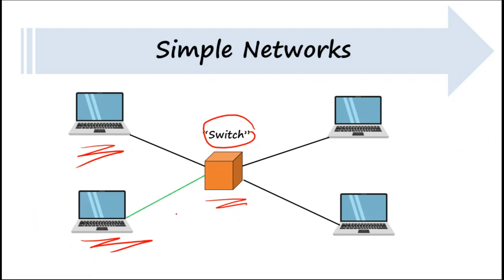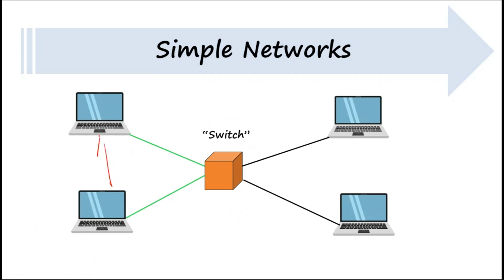So this connection would be established, and then the switch would further forward it to the destination computer. So instead of the direct connection which was earlier there, the connection now goes first here, reaching the switch, and then going from the switch to here.